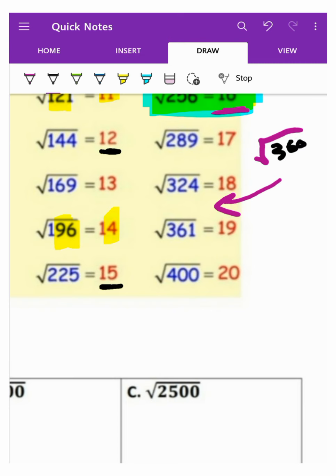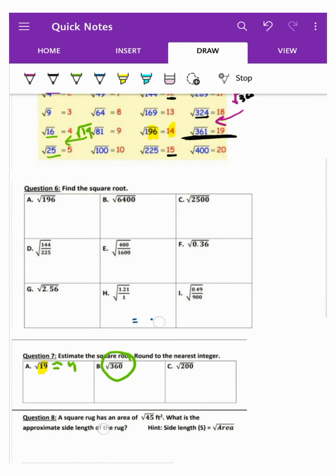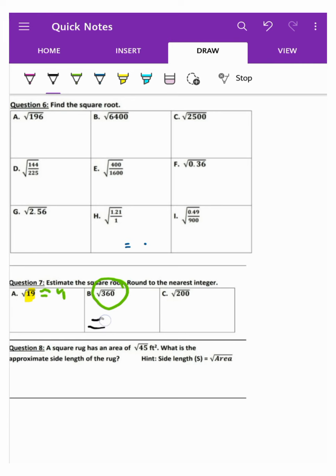Okay, the 360 is close to 324 or nearest 361? Yes, teacher, it is nearest this number, so the answer is about 19. Easy, yes? It's about 19.